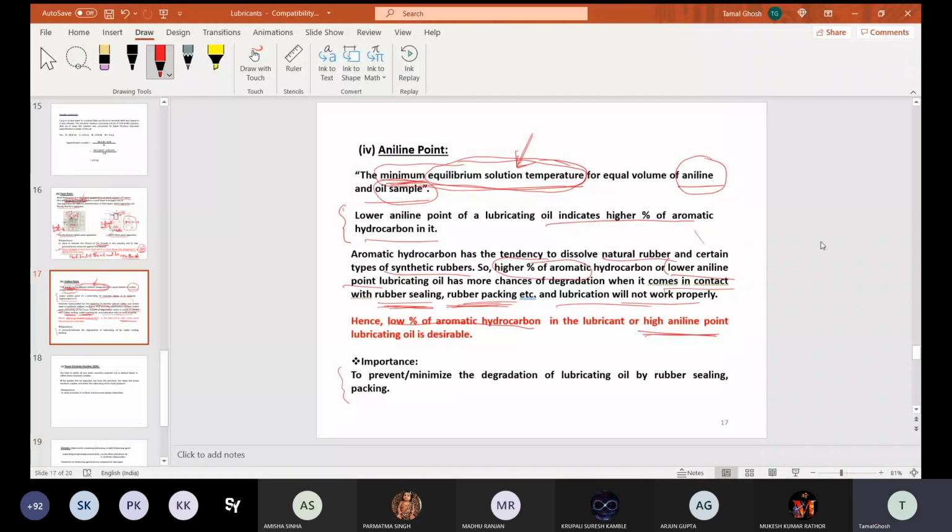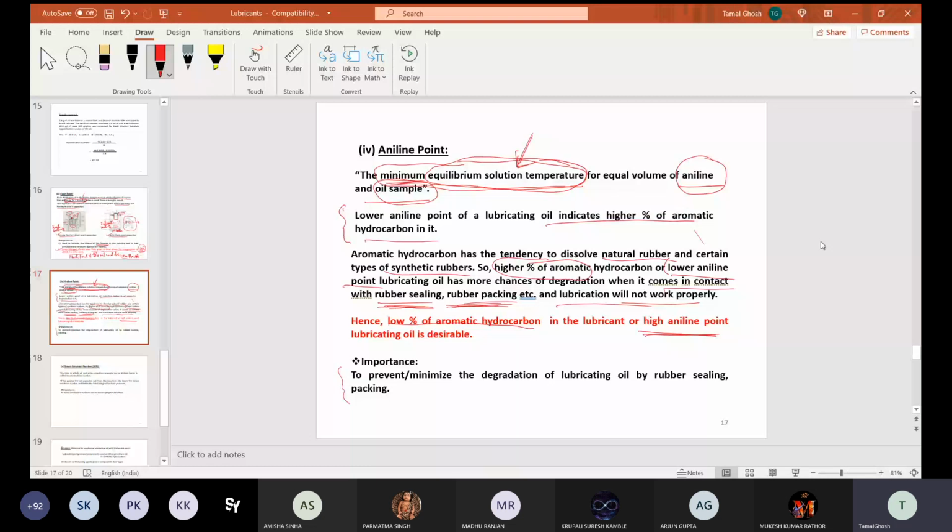Okay, so this one is a little bit different concept, a slightly different thing. There may be many situations when two liquid substances mix properly and make a single phase. Also, there may be a situation when two liquid substances do not mix at all.